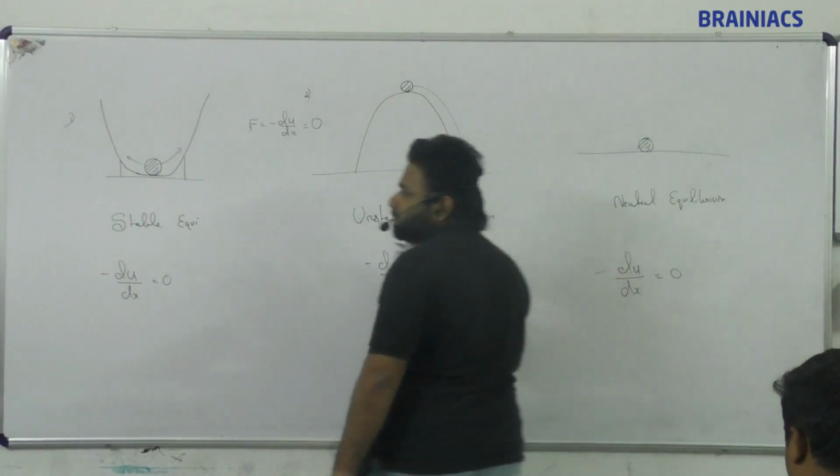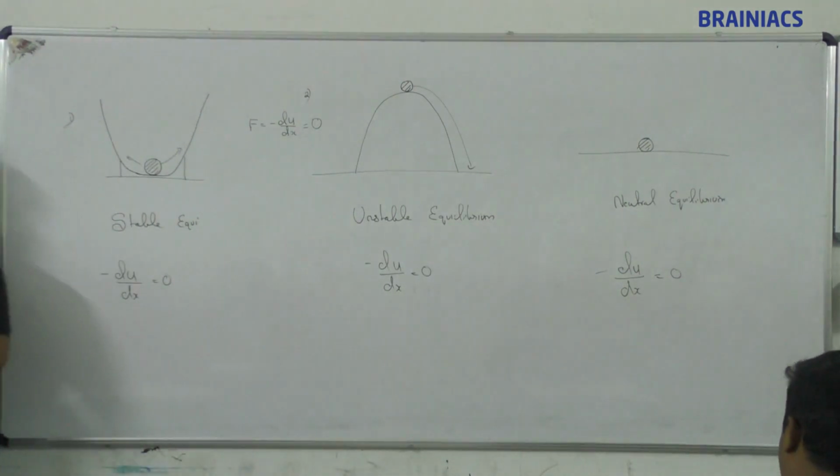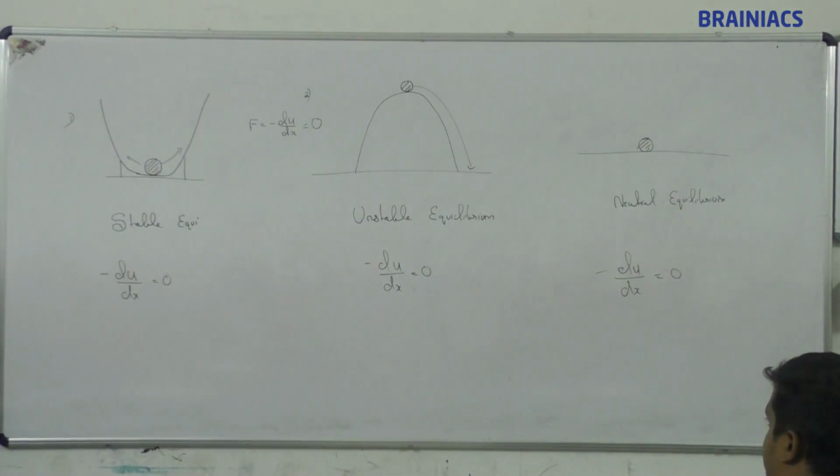So if we get a potential energy function and if you differentiate it once and you are getting 0, that means force is equal to 0 and they are all equilibrium, either stable, unstable or neutral. So those who do not know, please note down this.